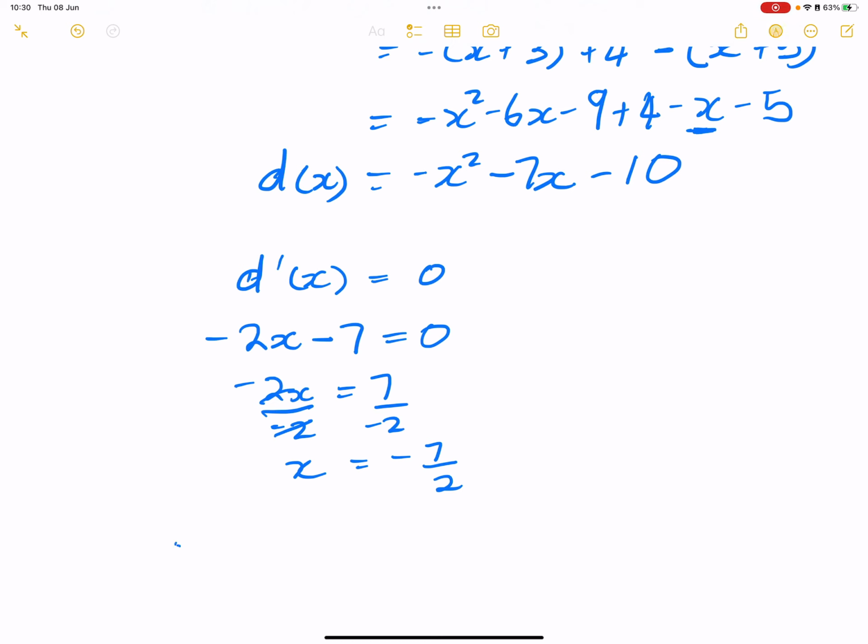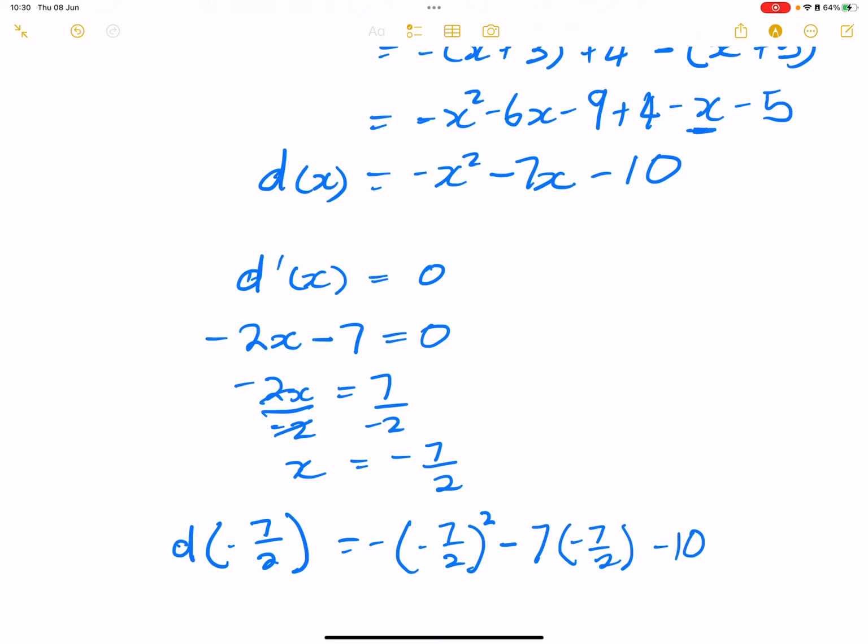That maximum distance, which they called k, by the way, and I could have actually called it k of x. So that's d of minus 7 over 2, which is equal to negative 7 over 2 squared, minus 7 times negative 7 over 2, minus 10.